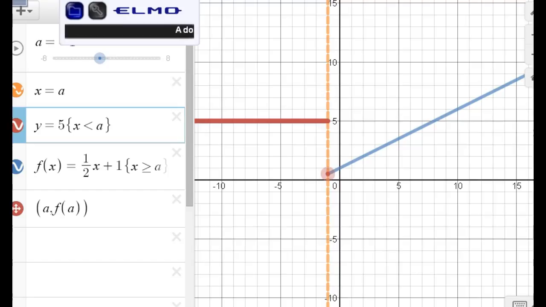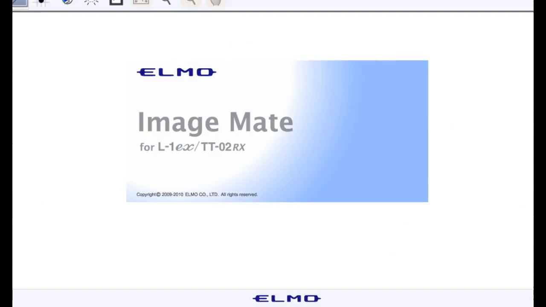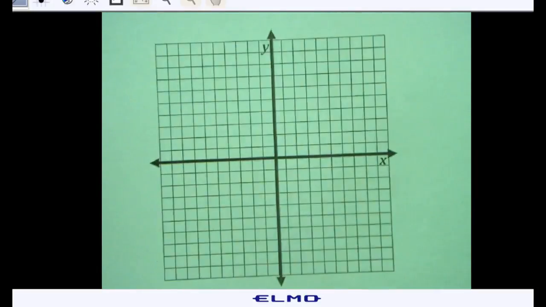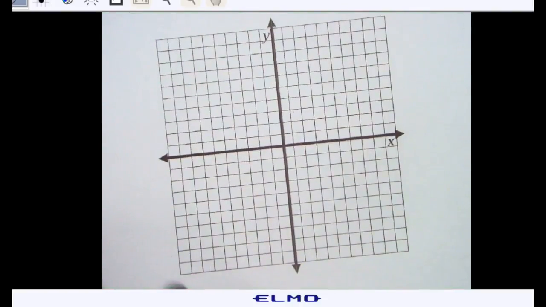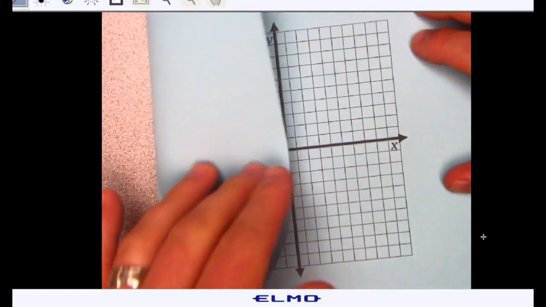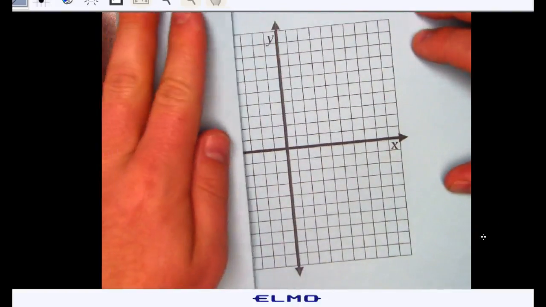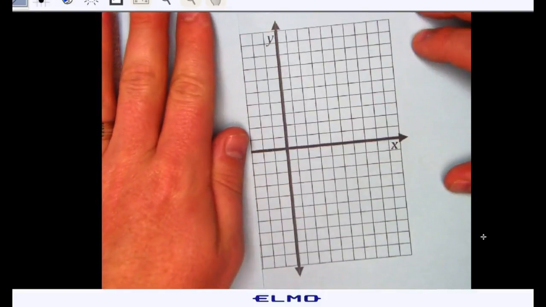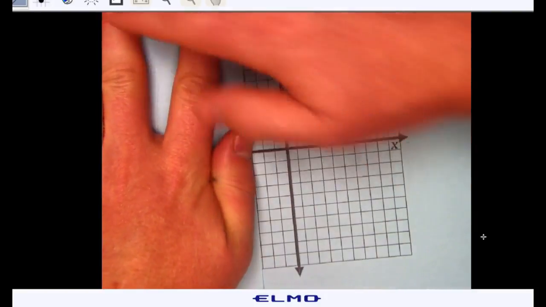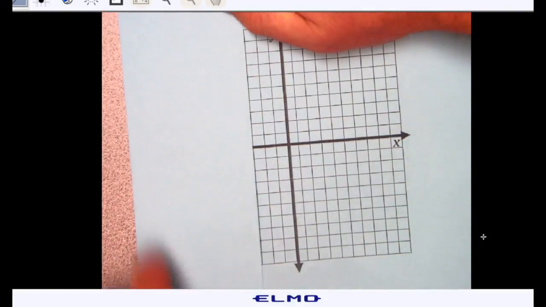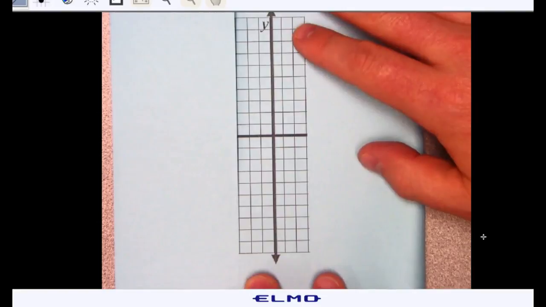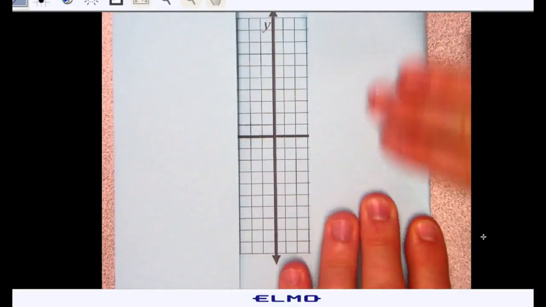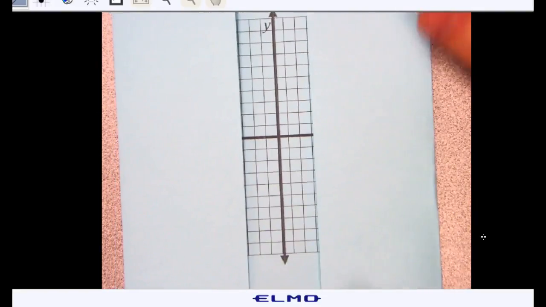So I'm going to give you something that's going to help you do the graphing. Go ahead and just fold this over to like maybe right about there and right about there. So it looks like that. Just fold it over.